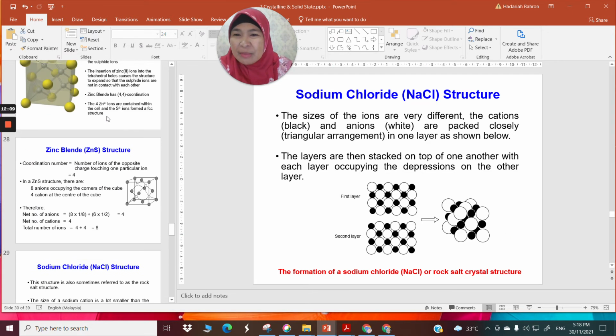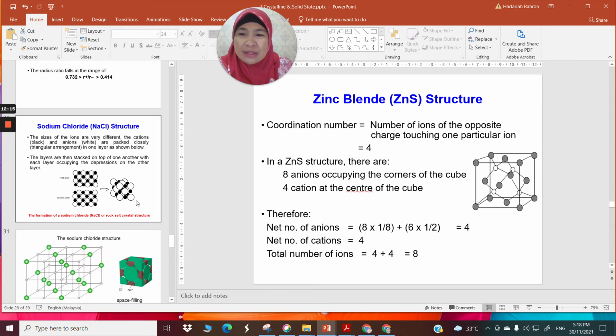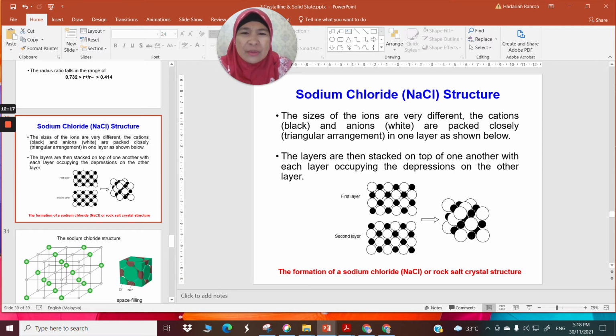If you remember, the zinc blende is a lot different. This is zinc blende, very different compared to sodium chloride. Now, in sodium chloride, the sizes of the ions are different. The cations, which are black, and the anions, which are white, are packed closely in a triangular arrangement in one layer as shown below. The layers are then stacked on top of one another, with each layer occupying the depressions on the other layer.